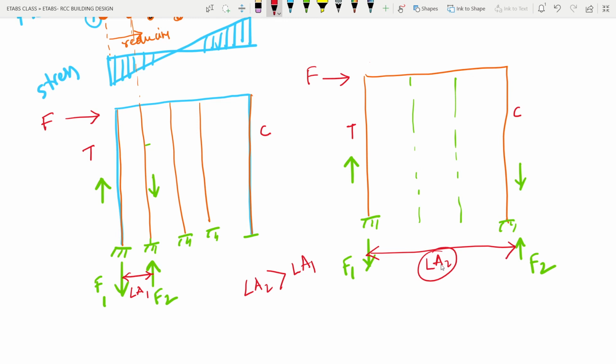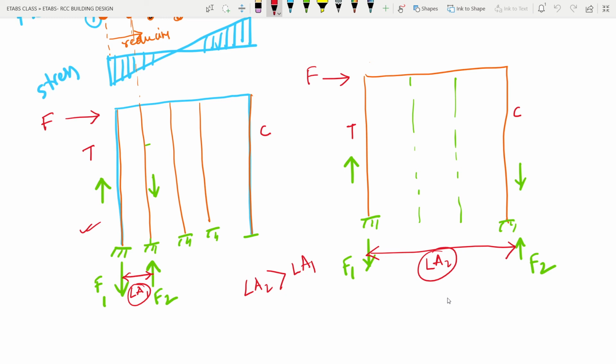If it is giving higher resistance, the forces in the members or the structural elements will be less, as it is capable of resisting the force. Here, where the lever arm is less, the forces in the structural elements will be higher.